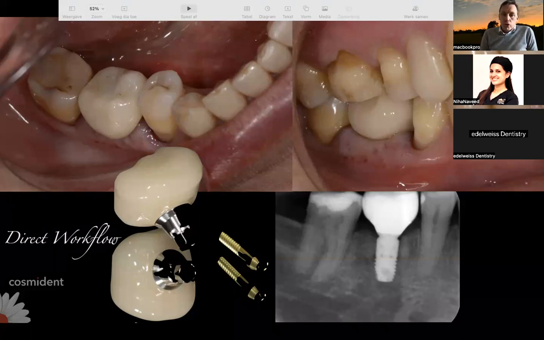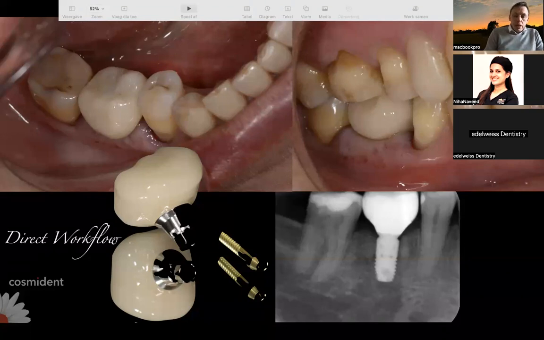But zirconium crowns nowadays are so hard that they don't break anymore. The screws don't break anymore because we have an internal connection. What I see a lot of times is that not the zirconium crown or the tie base is breaking, but the implant itself is breaking, and you see it with a lot of systems.